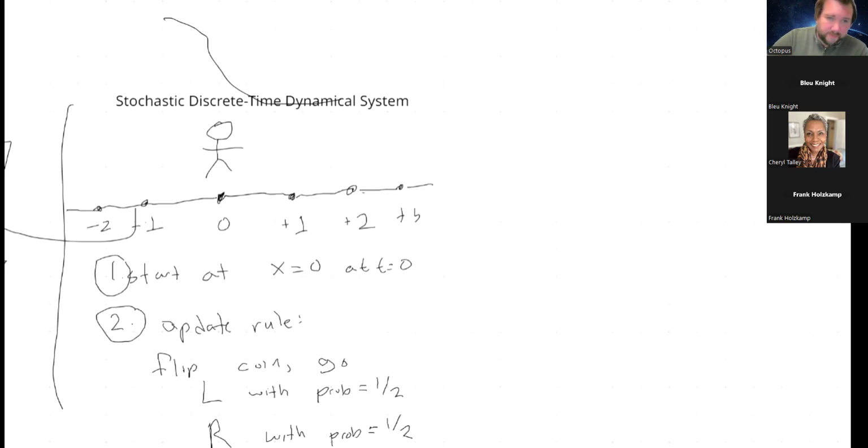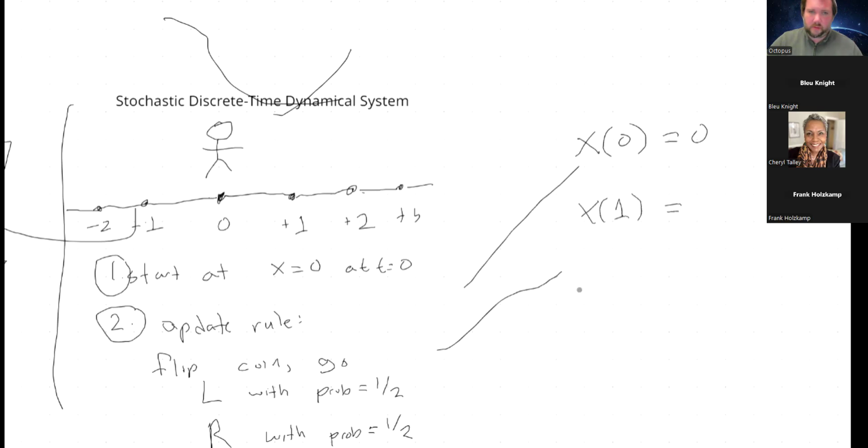So I'm going to go through this a little thoroughly. When I start with x of 0 equals 0, because my friend here is starting on the number 0, no problem. But now, when I go to x of 1, I don't know whether they flipped left or right.